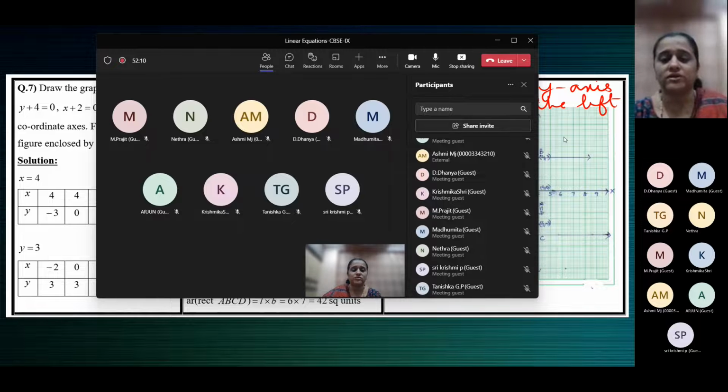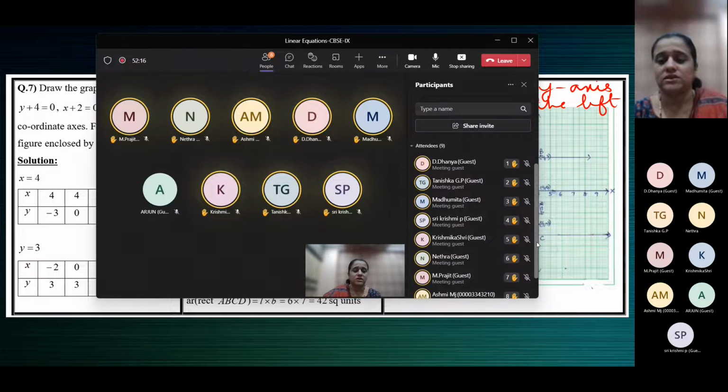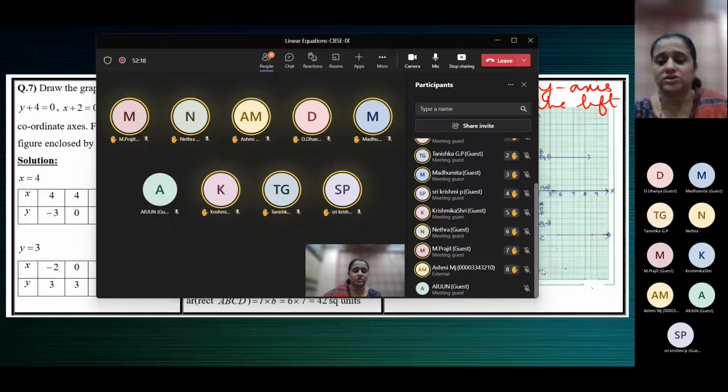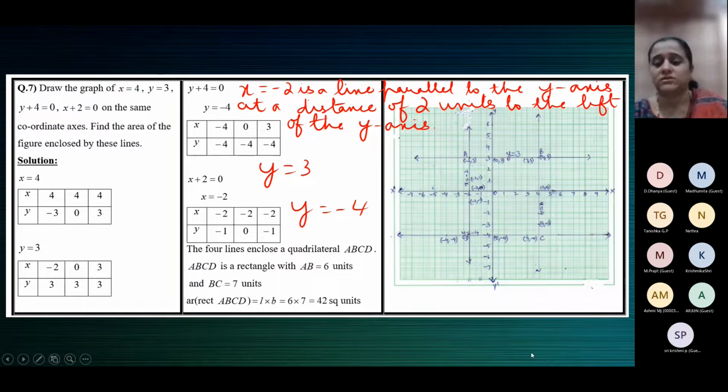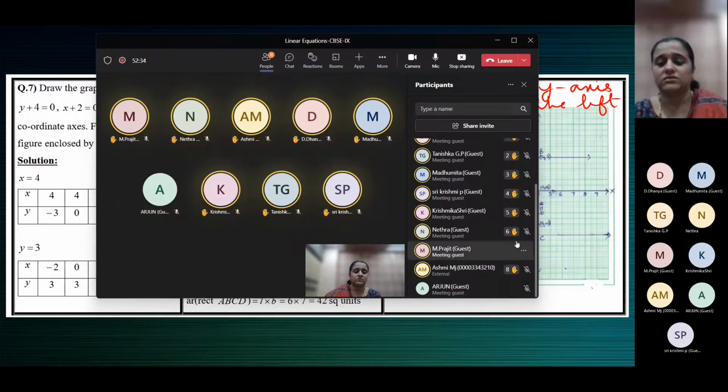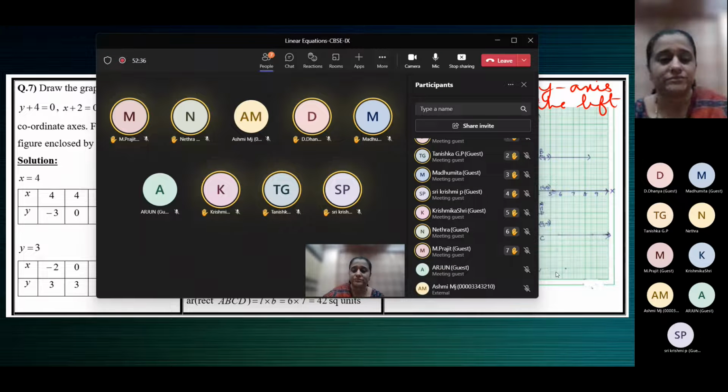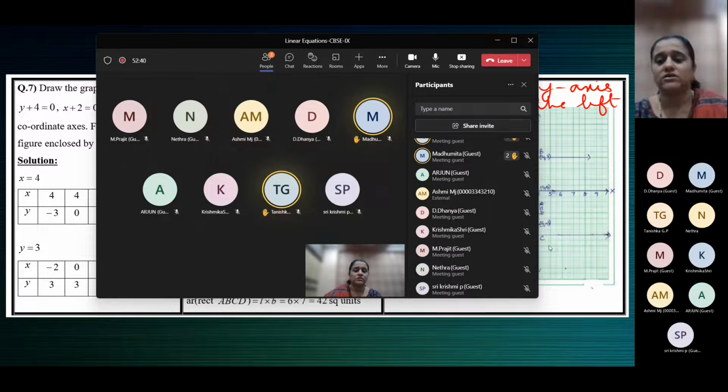Class, use the emoji. Raise your hand. Tanya, Tanishka, Madhumita, Shri Krishmika, Shri Netra, Prajit, Shri Jana, and Arjun. Arjun, are you there? Okay. Class, lower your hands. Who would like to read out? Raise your hand.